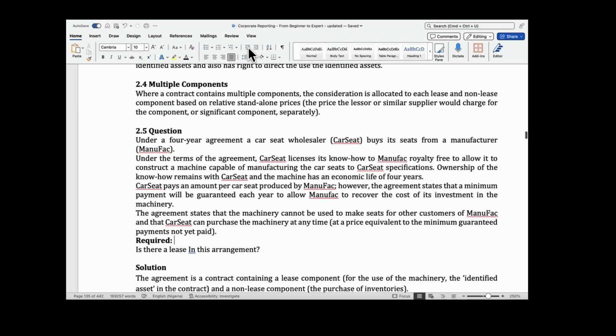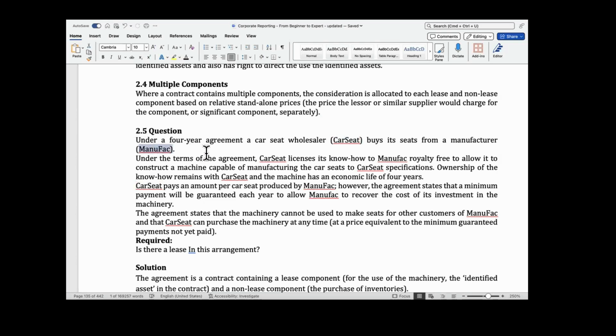So here, they said, under a 4-year agreement, a car seat wholesaler buys a seat from a manufacturer, so this is a normal buying and selling. So a car seat wholesaler, car seat, buys its seats from a manufacturer, okay.